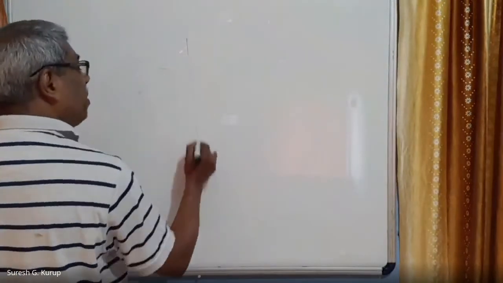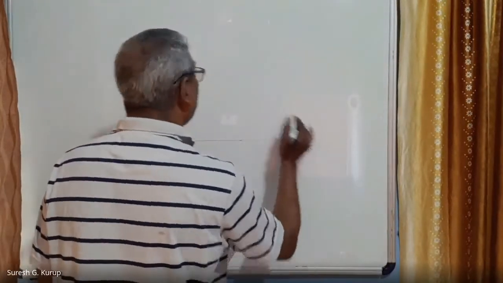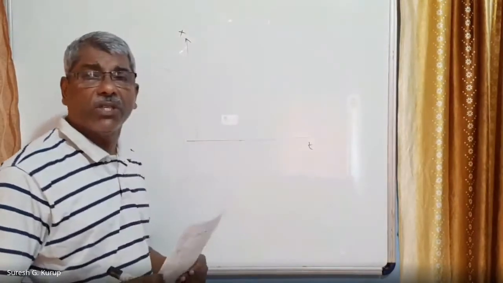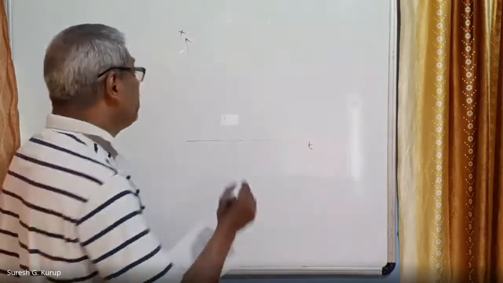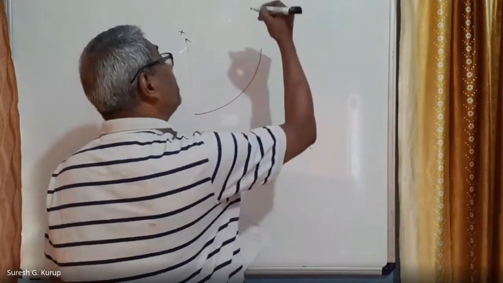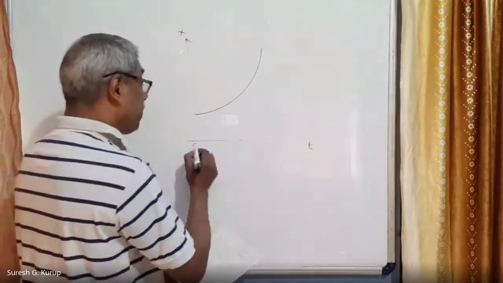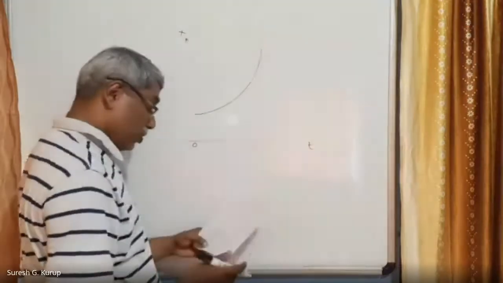If a graphical representation is made, a position time graph, with time on this axis and position on this axis, for a body executing non-uniform motion, then that position time graph will be like this. This point is O, this is the time axis, and this is the position axis.